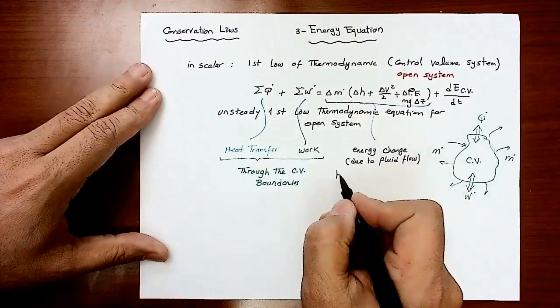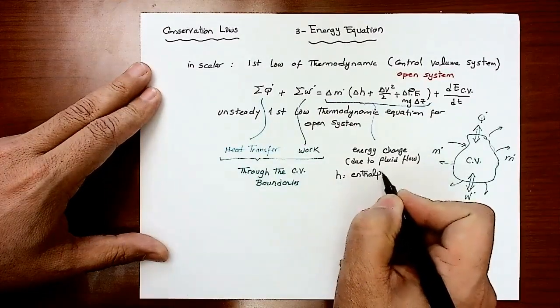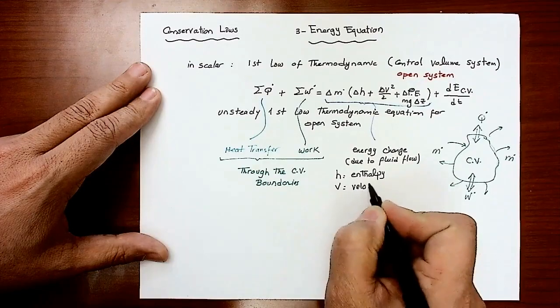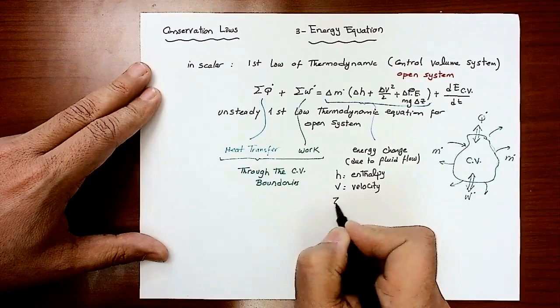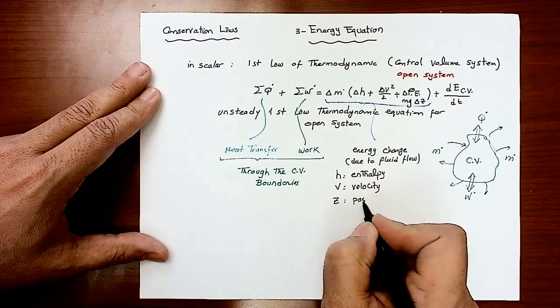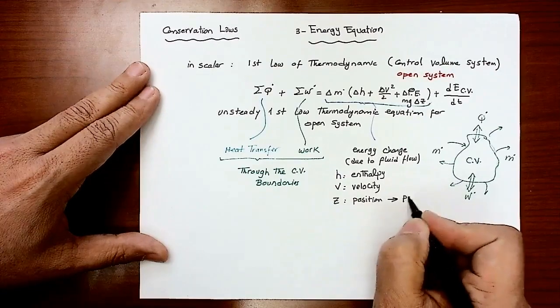And we know that h is the enthalpy, and V is the velocity, and z is the altitude or the position. And in simple language, this is presenting my potential energy.